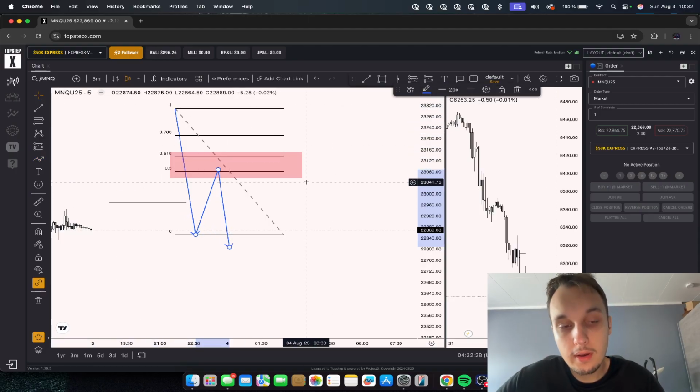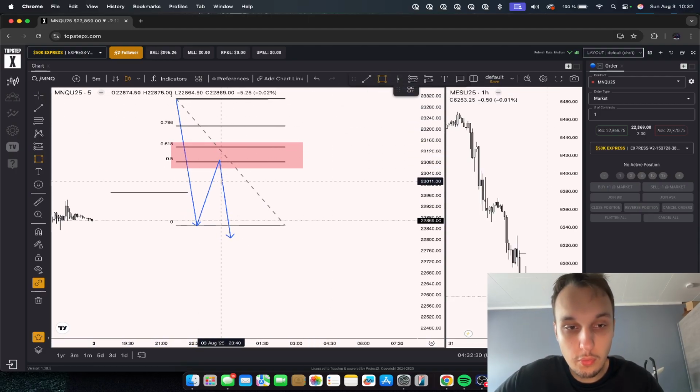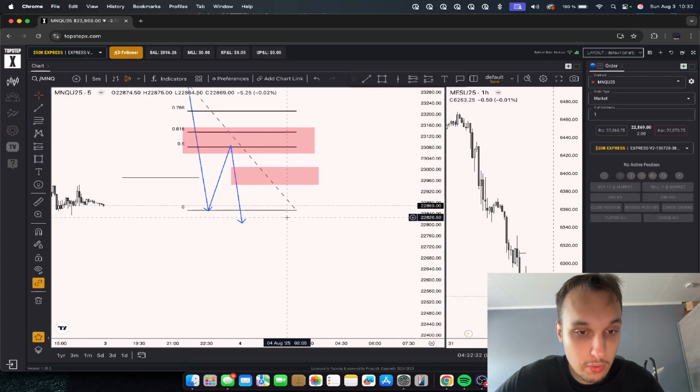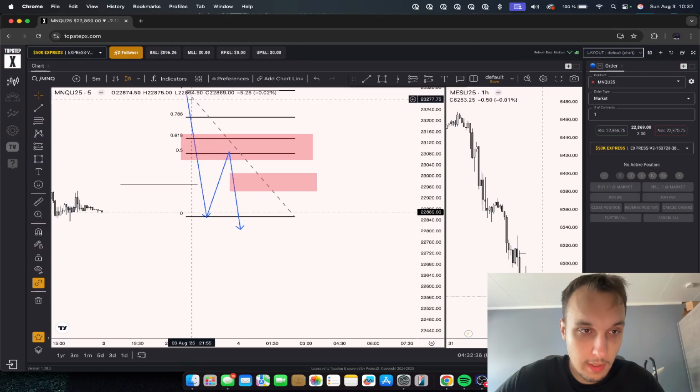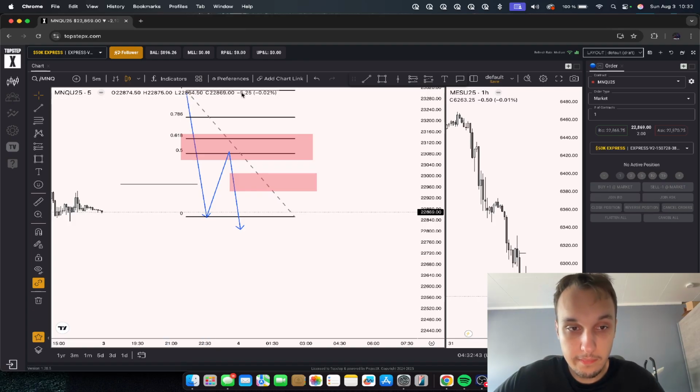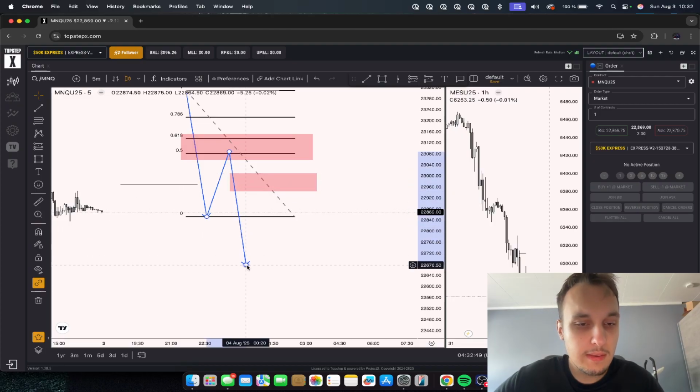But now, if we don't create a new gap here, there are really two things that could happen. We could still either retrace or we could reverse. If there's no gap on the same time frame here, you have to ask yourself, did we displace through this low?